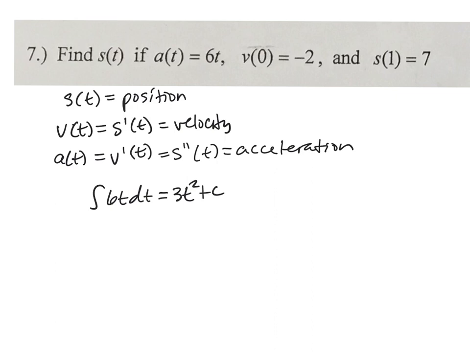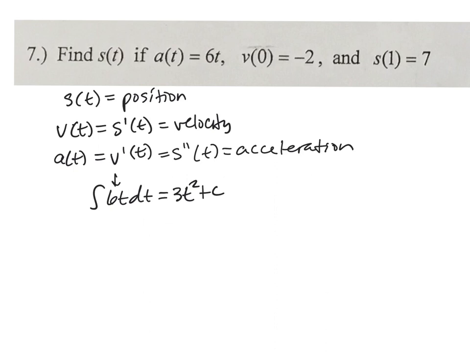Now, remember we just integrated, this is acceleration, we just integrated it and we got velocity. We're given, remember, that v of 0 is equal to -2. So when t is 0, the output of that function is -2, so we can plug that in and find c. Oh, sorry, I've got that backwards.